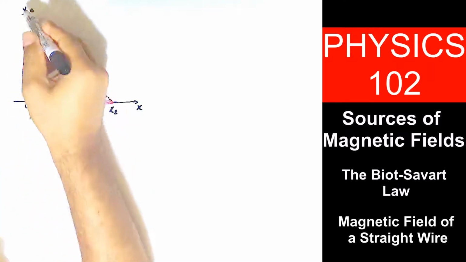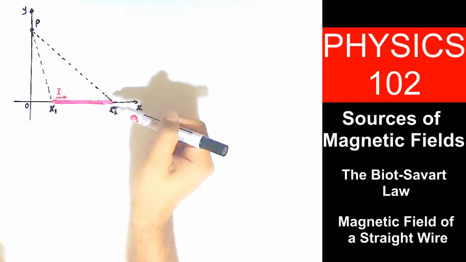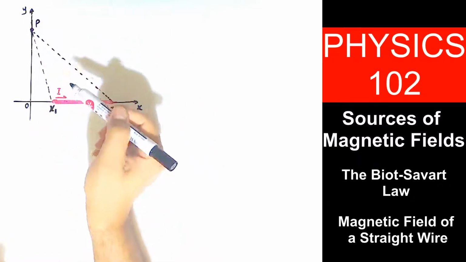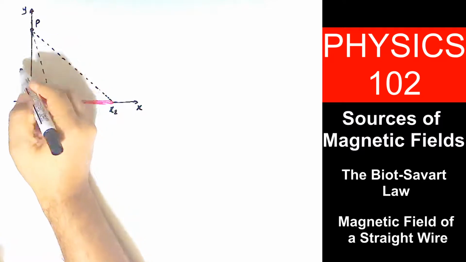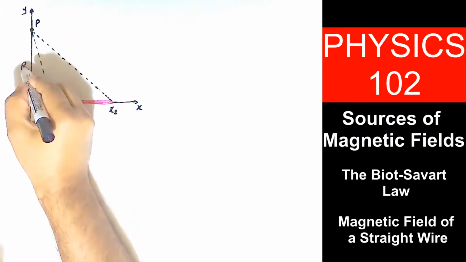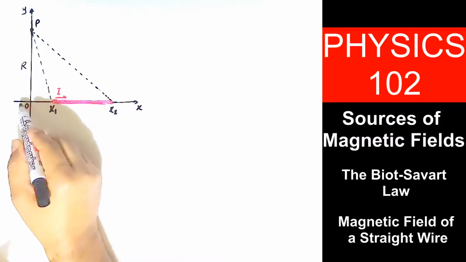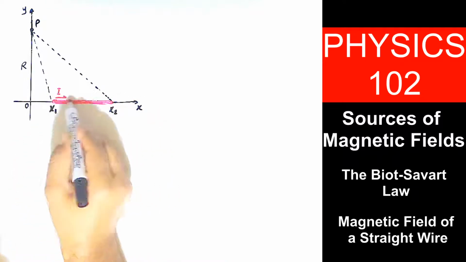So this is our coordinate system, and the point P is chosen so that it has a vertical distance of r to the x-axis that the wire is on.